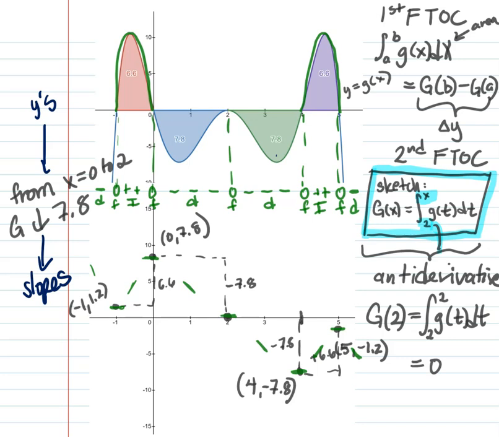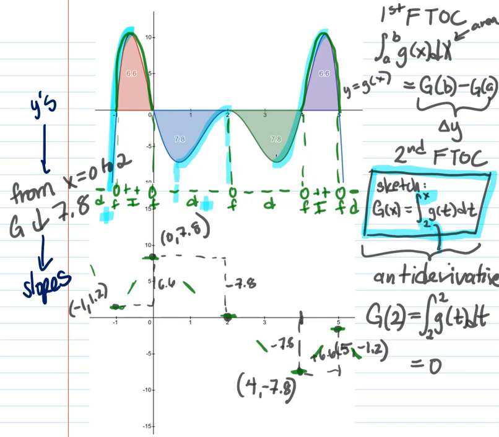So now we can look at the slopes of little g, and wherever little g is getting bigger, the slopes of big G are increasing. So where y's are getting bigger up above, slopes are getting bigger down below. And slopes getting bigger translates to concave up. So wherever this graph is increasing, the big G graph is concave up.